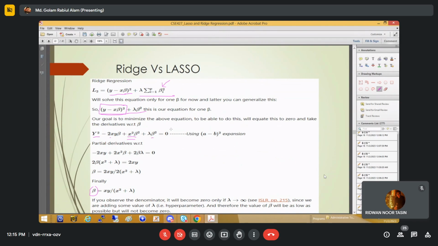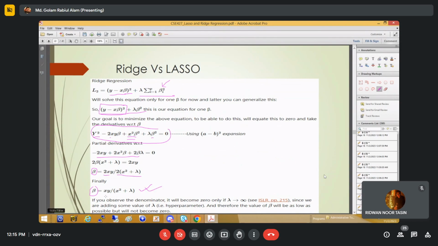Then if we take the partial derivative of this equation, we get this. From here we can find the beta. The beta will be 2xy divided by 2 x square plus lambda. This one is the equation.